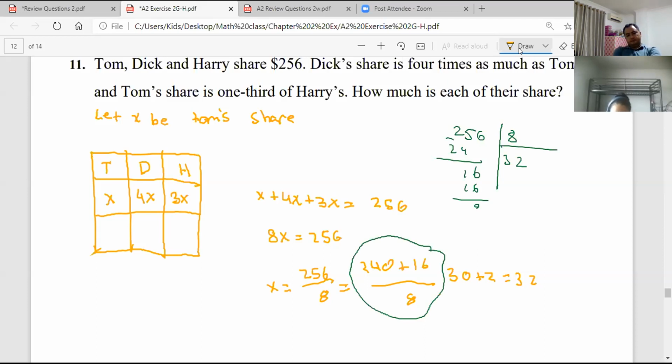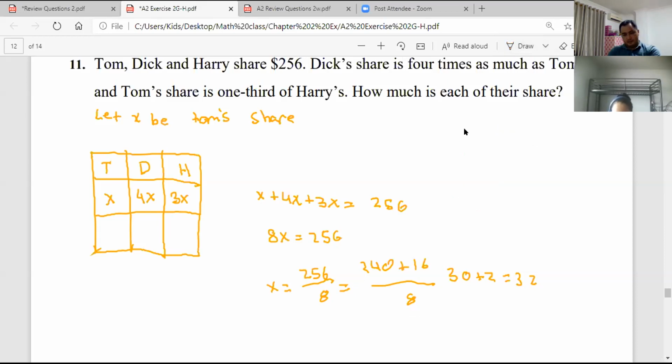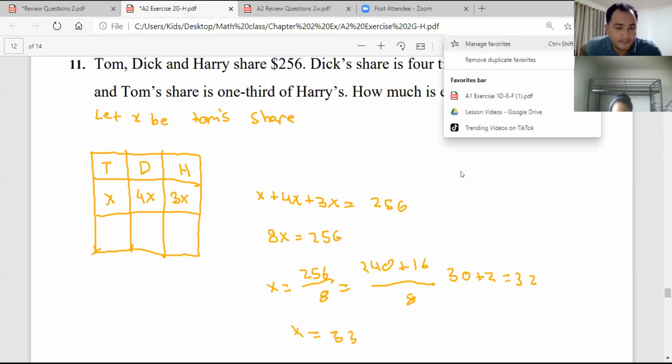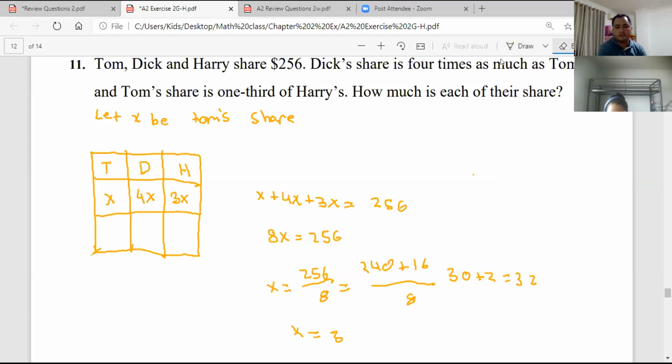How much is each of their share, right? 32. So what is Tom's share? 32. Okay. Dick's share?